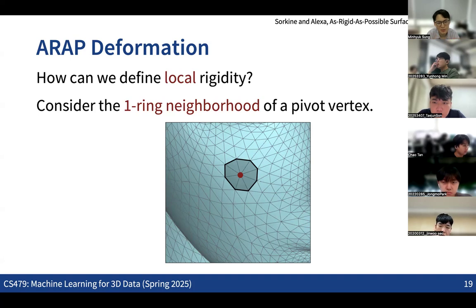There are a bunch of ways of doing this, but we just consider the neighborhood of each reference point. Given any vertex over the surface, let's consider its immediate neighbor vertices directly connected with edges. So we have a reference vertex and its neighbor vertices around it, right?